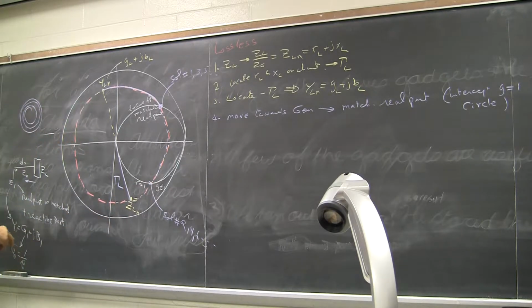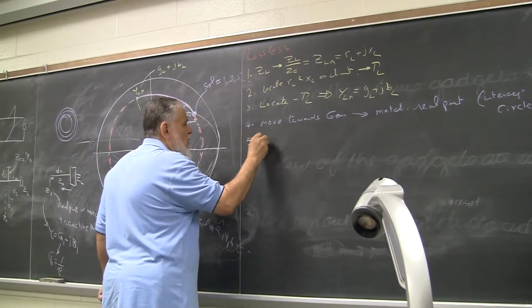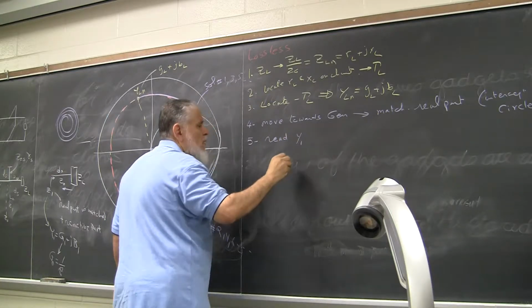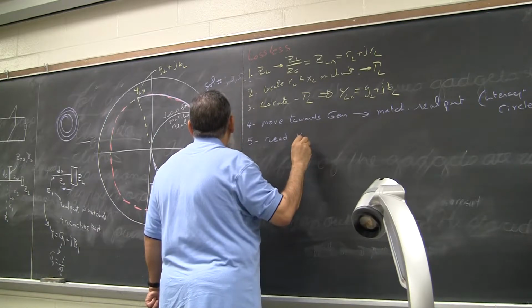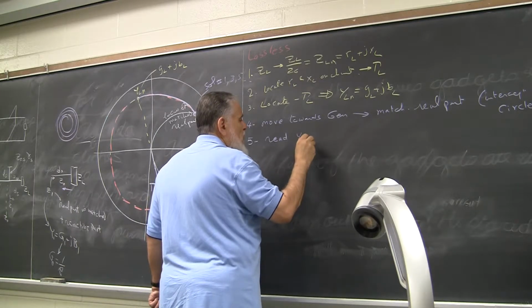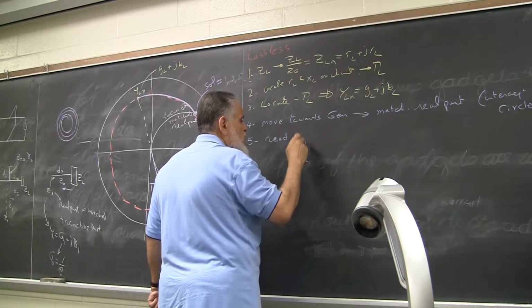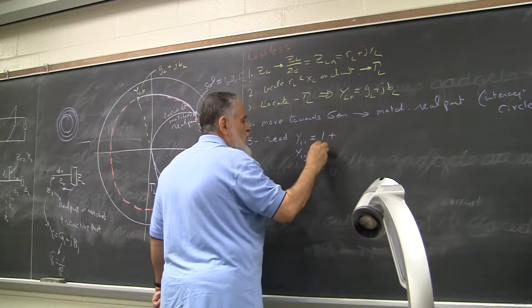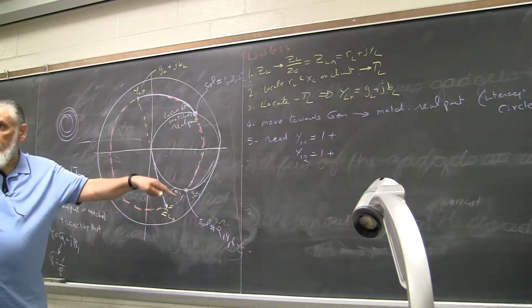Okay? What do we do here? We get Y1. Read Y1. We can call them Y1,1 and Y1,2. We said solutions 1 and 2, right? The real part will be 1 in both cases.